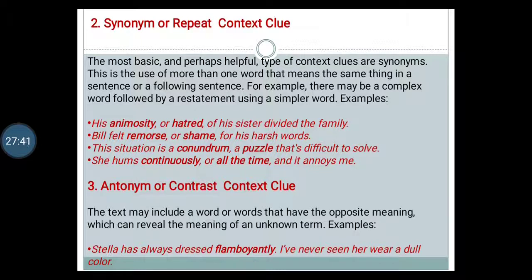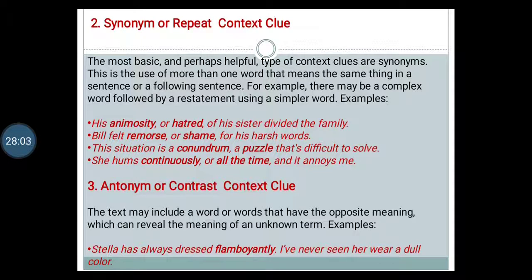This is the use of more than one word that means the same thing in a sentence or a following sentence. Now, when it comes to the synonym context clue, a word is used with its synonym in a sentence. That's what they are trying to tell you.